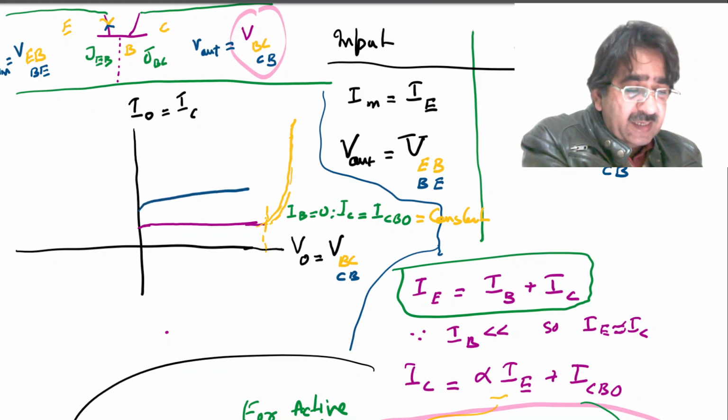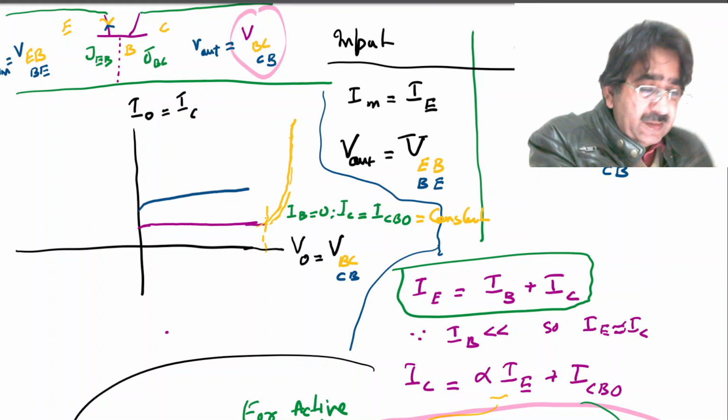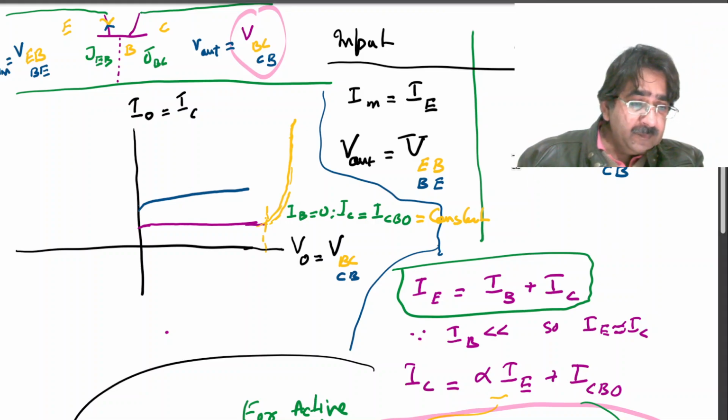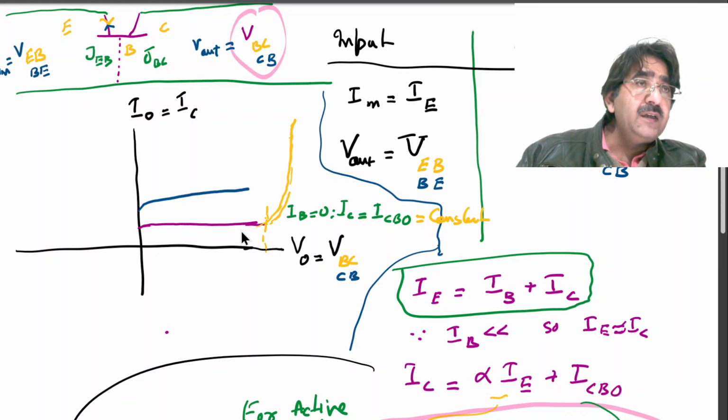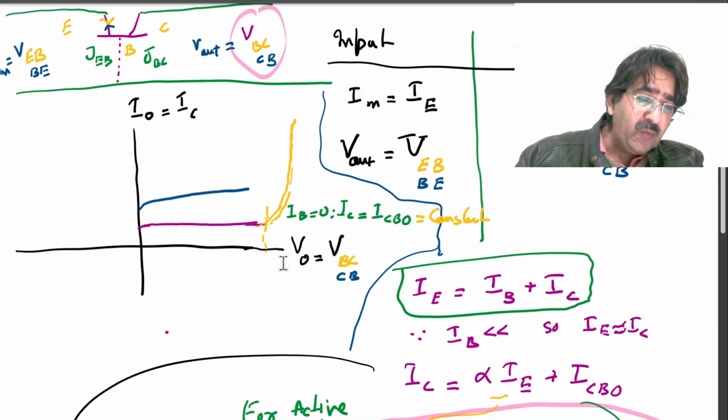For the constant IB curve, it is exactly parallel to the output voltage axis, but here it is not. The tangent will not be zero; for the constant case the tangent is zero, but for this one there will be a little bit of variation, a little bit of slope.